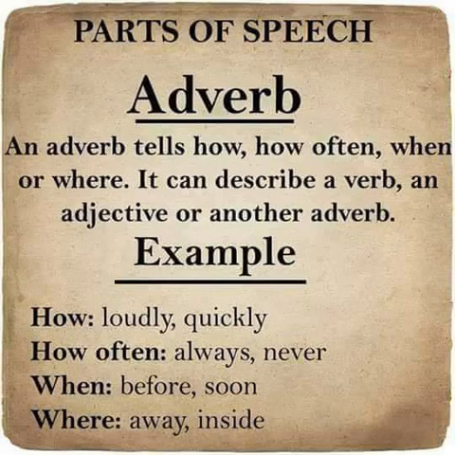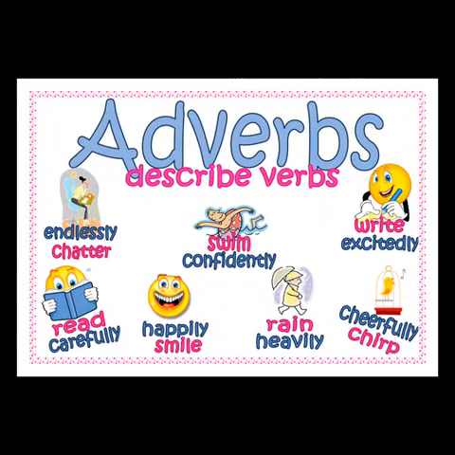Specifically, adverbs provide a description of how, where, when, in what manner, and to what extent something is done or happens. Normally, we can spot an adverb by the fact that it often ends in ly. But there are lots of adverbs that don't end in this way. Moreover, adverbs can be used in many combinations with each other. For example, slowly, quietly, very, always, never, too, well, tomorrow, here.